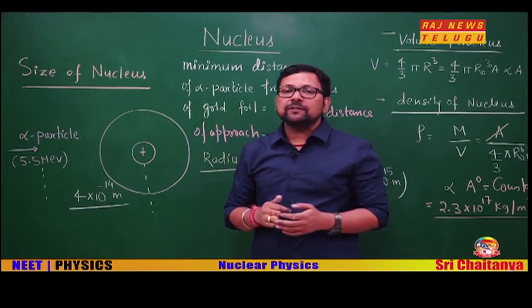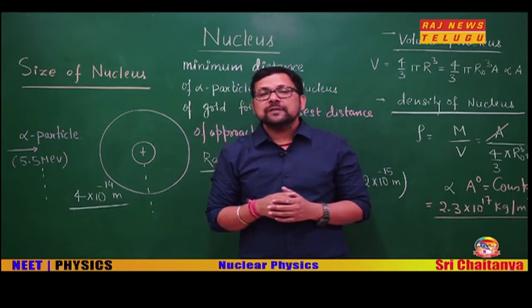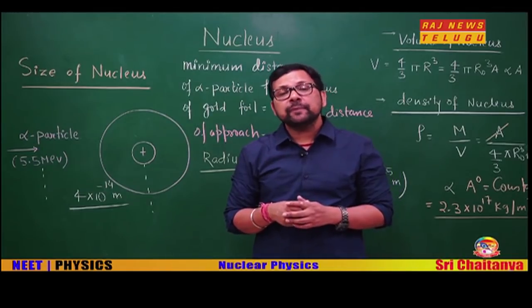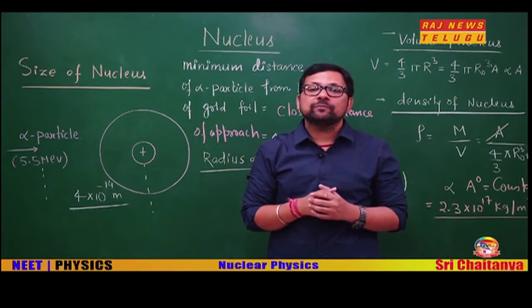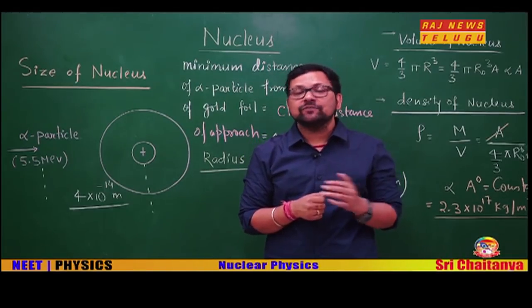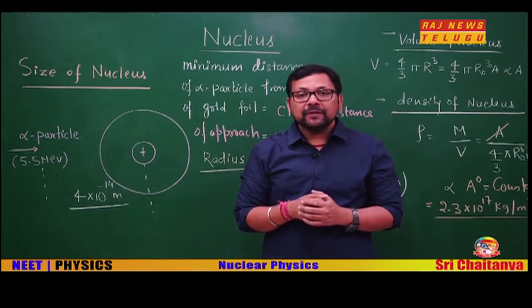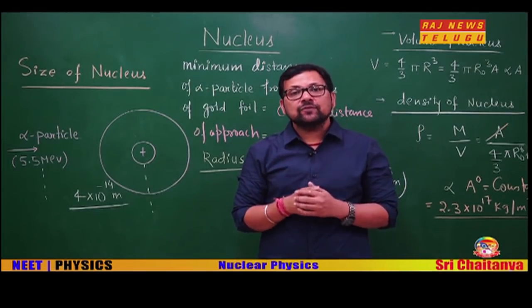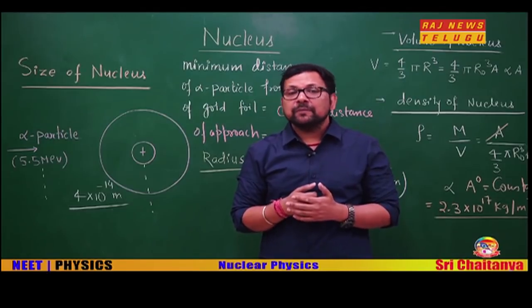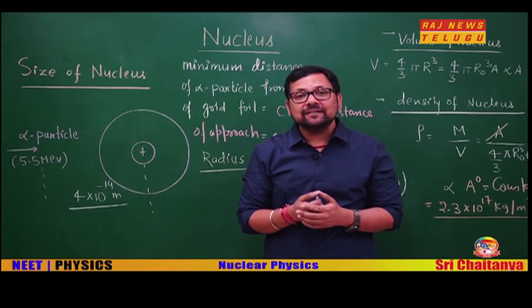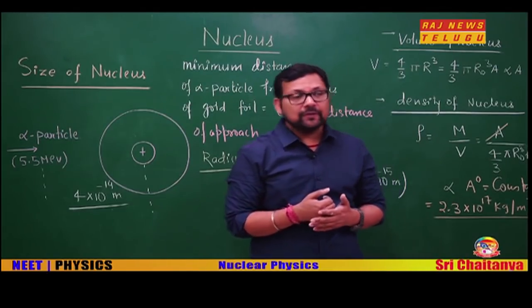Let me tell you one thing, Rutherford's experiment was solely based on the Coulombic repulsion between the nucleus and the alpha particle, although there might be various reasons for that stopping also. But Rutherford only considered the Coulombic repulsion.